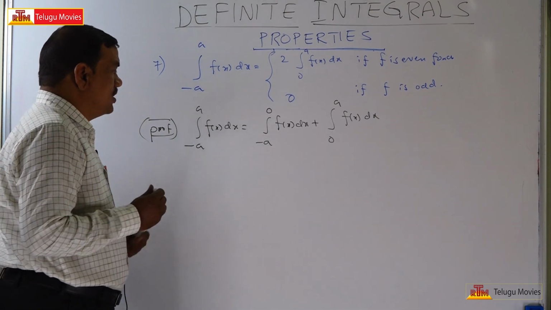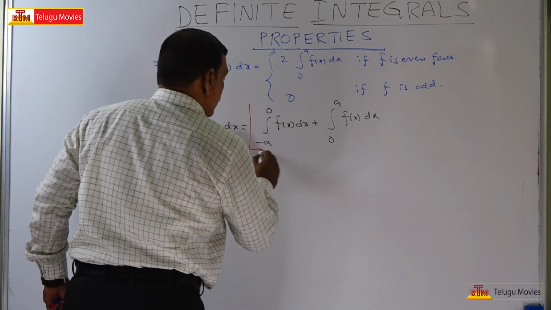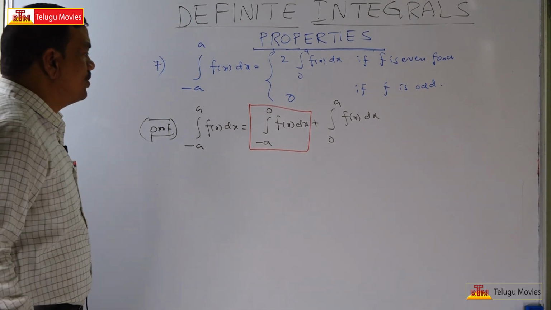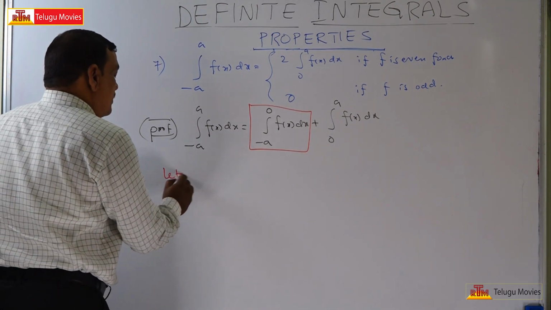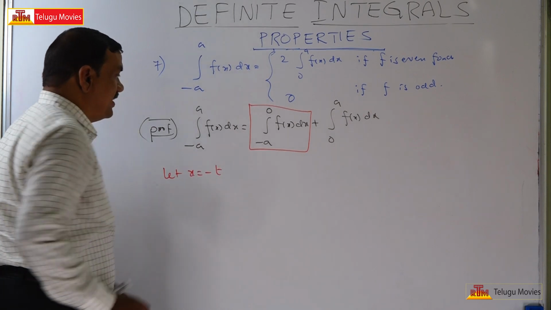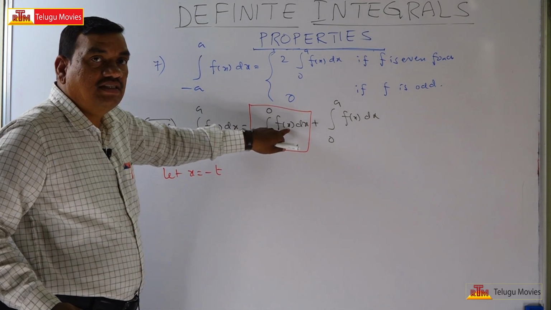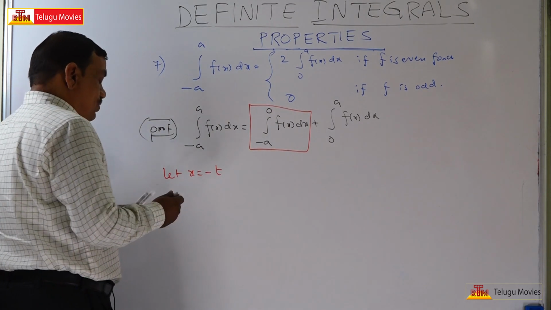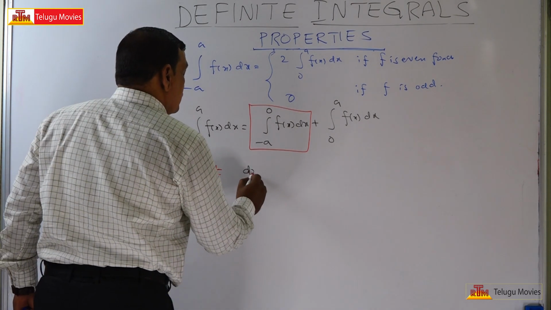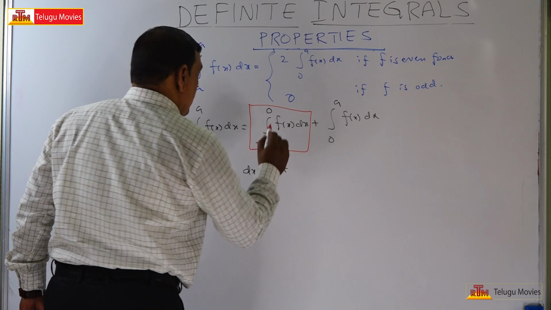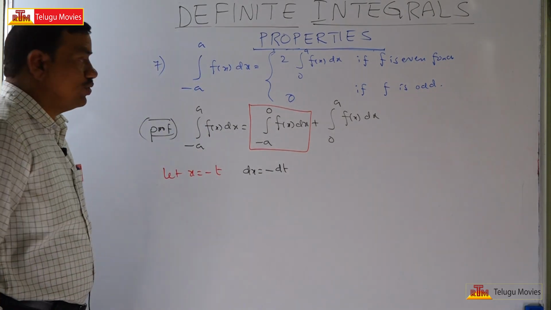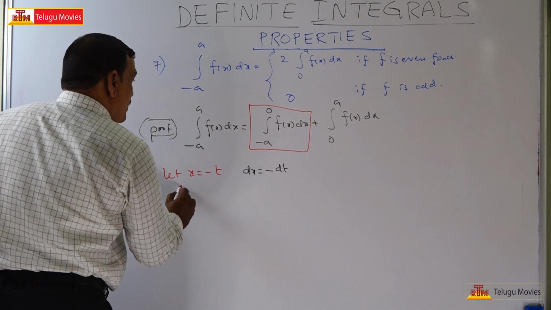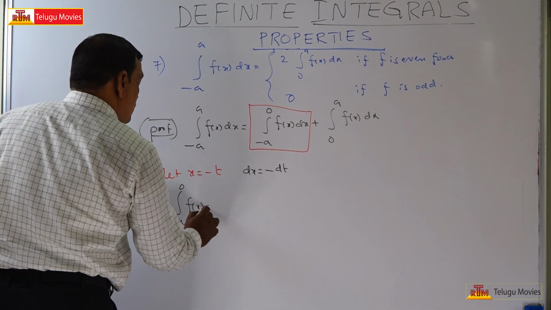Now see this value. Let x is equal to minus t, substitute. Let us see what happens. So dx is equal to minus dt. Now I am concentrating on the integral from minus a to 0 of f(x) dx.